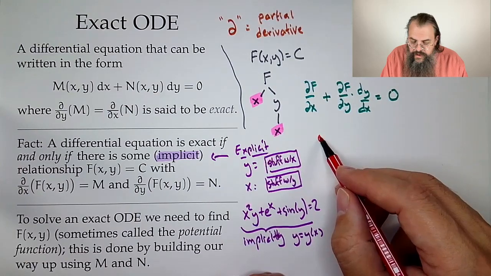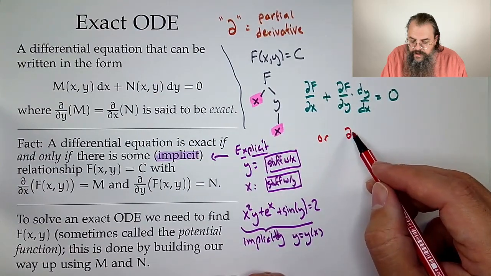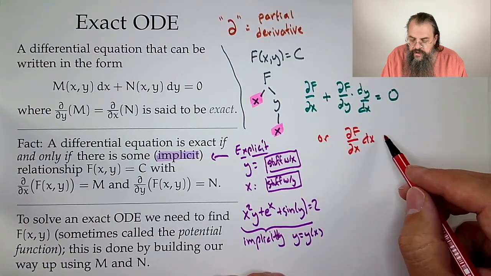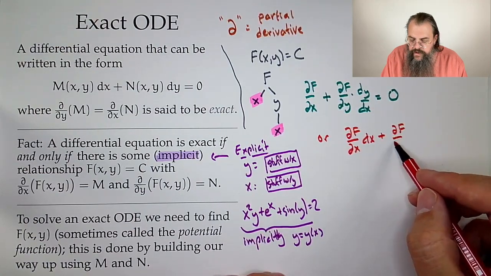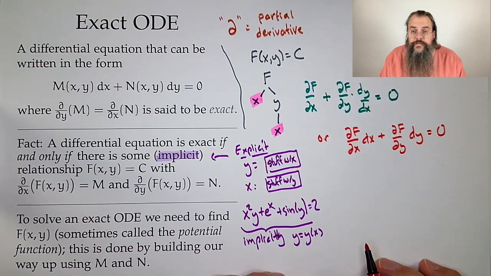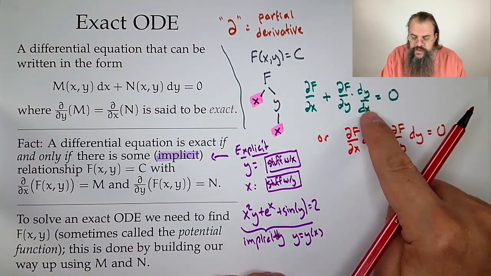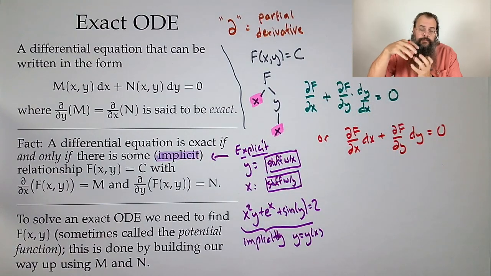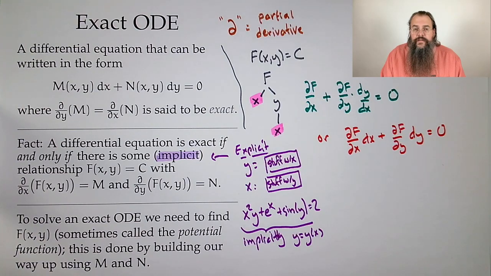If we do that, this becomes partial f partial x dx plus partial f partial y dy equals 0. When I talk about changing to differentials, I just say, think of the dy and dx not as a single entity, which is what it's supposed to be, but now as two separate things, and then multiply everything by dx.